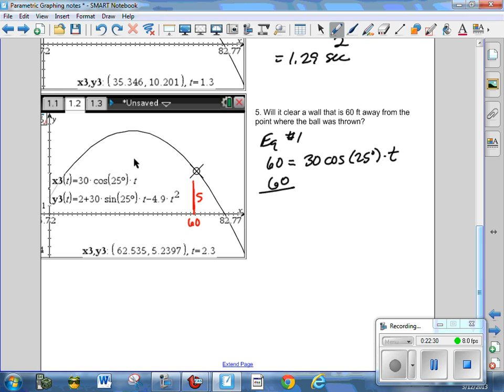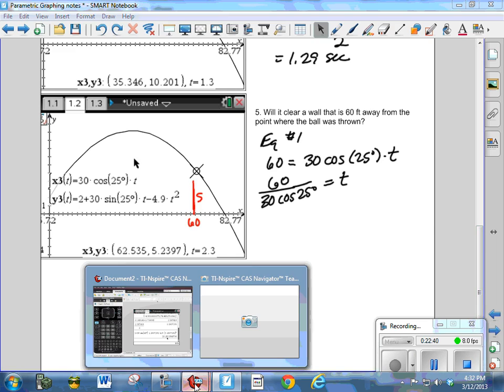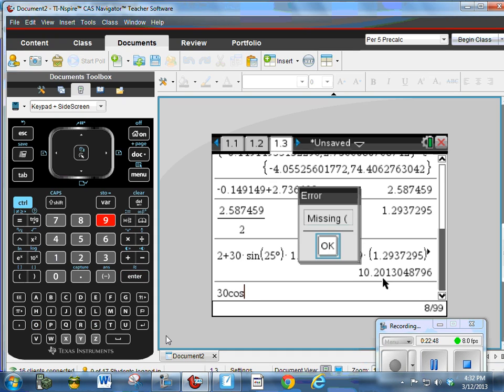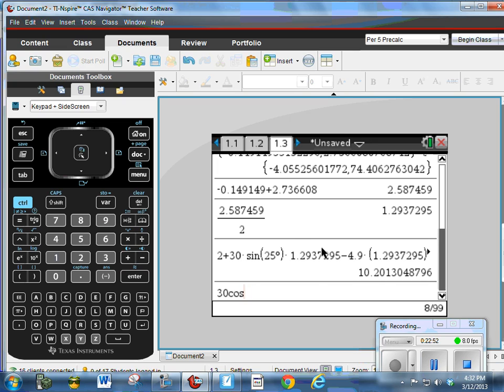So 60 divided by 30 cosine of 25 is equal to t. And let me see what that is. Once again, let me pause and come back.